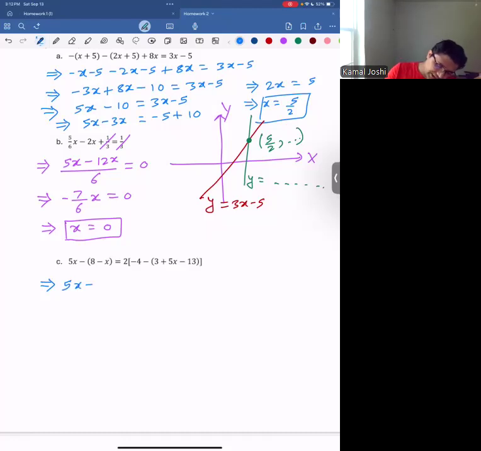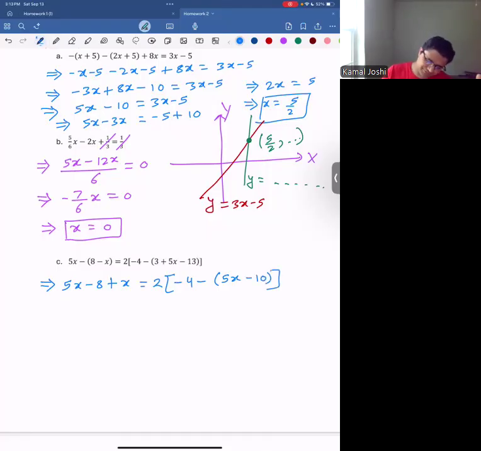5x minus 8 plus x. Now here I have to do the parenthesis first, from inside out. So I'm not going to do anything with this part here. I'm going to first work on what is inside the parenthesis. And there you have 5x and 3 minus 13 is minus 10.